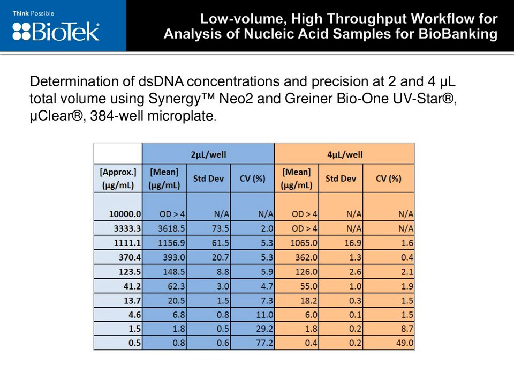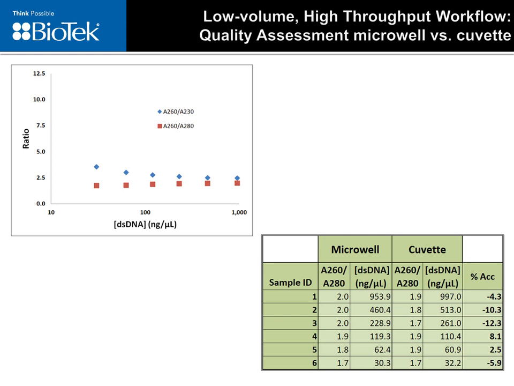And this is entirely due to the increased path length. And this improved precision is comparable to larger sample volume determinations measured in a 96 well microplate. And it was comparable up to approximately 1.5 micrograms per mL.